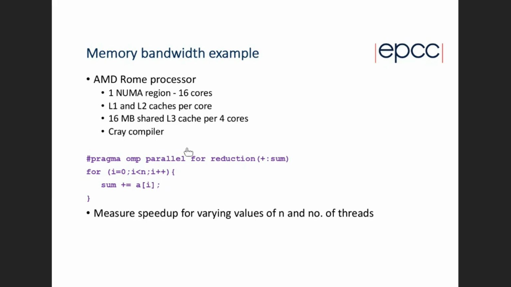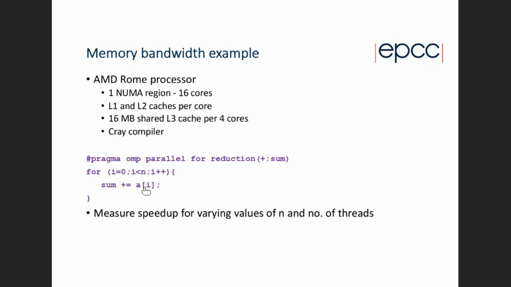What I did was just measure the performance of this little OpenMP program. It's basically just a parallel loop. In fact, it's doing a reduction, which doesn't really matter. All that matters is that it's reading values from an array.